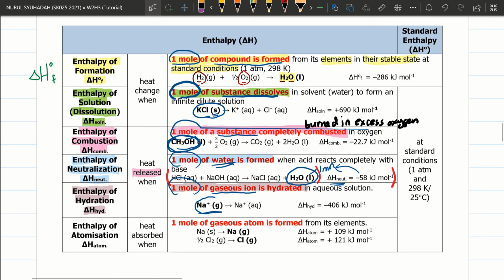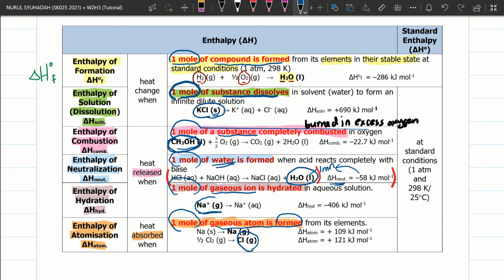The last one here is enthalpy of atomization, delta H atom. Atomization is always heat absorbed when 1 mole of gaseous atom is formed from its element. It must be from its element, and the 1 mole of gaseous atom must be our product.